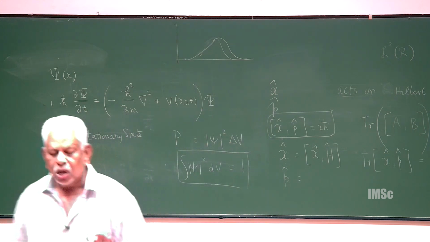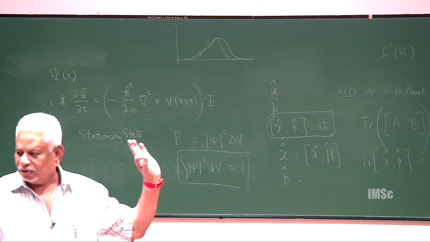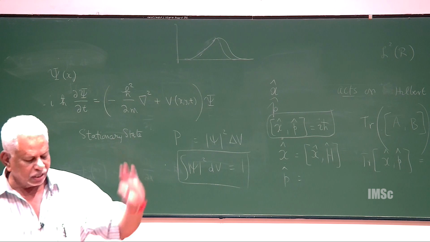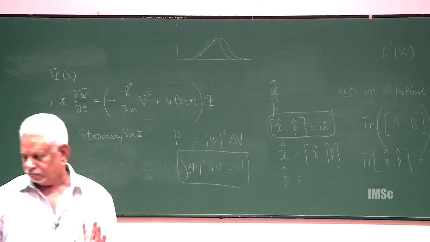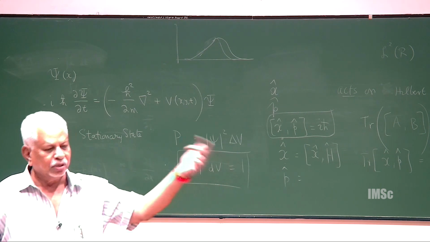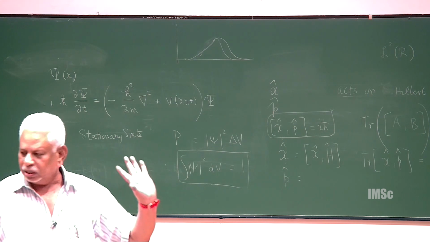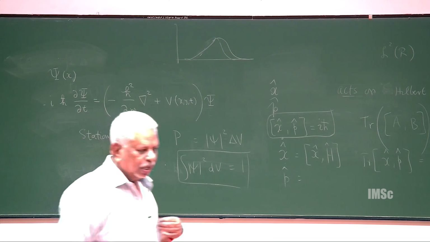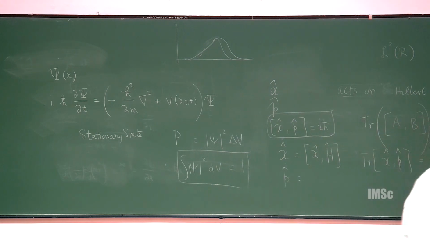You take the function, square it, integrate it from minus infinity to plus infinity. Are you getting a finite number? If you get a finite number, you divide by that number and call that the new function, and that will be equal to 1. So only those functions are allowed in the Schrödinger picture.